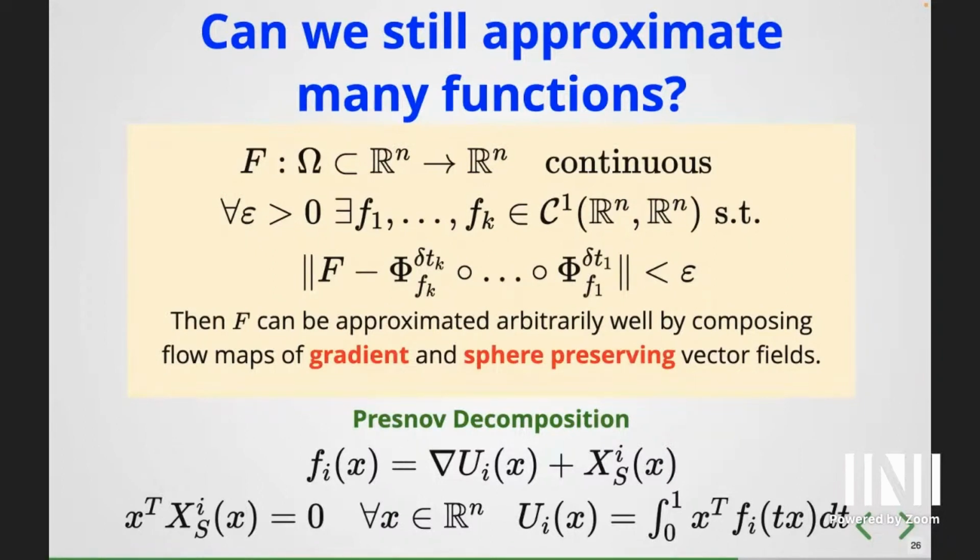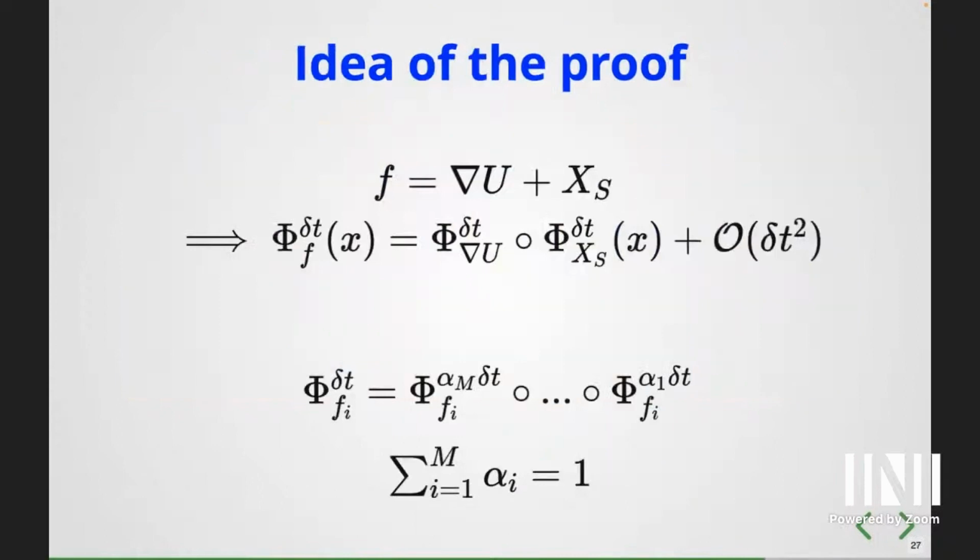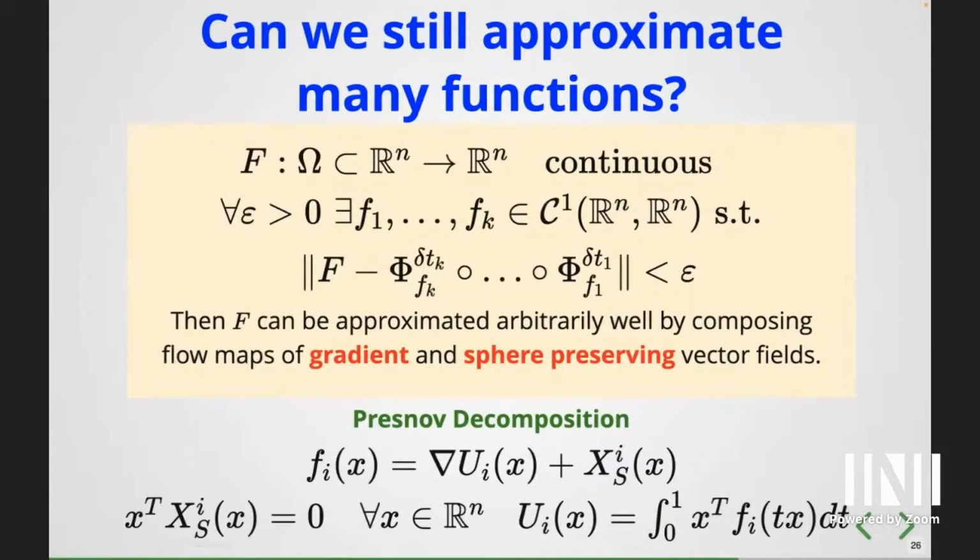This allows you to rely on the theory of splitting methods, or the Baker-Campbell-Hausdorff formula, essentially, to approximate the flow map. This is just the intuition, but you can add the details here, and you can prove that any function f can still be approximated by composing flow maps of this kind of more structured vector field.